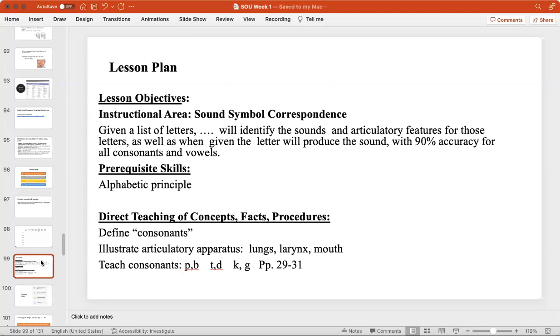But I write for myself more specific goals to guide the activities that I might create for my student. So, given what we've done so far, I would say, given a list of letters, my student will identify the sounds and the articulatory features for the letters, as well as when they're given a letter, they will be able to produce the sound with 90% accuracy for all consonants and vowels.